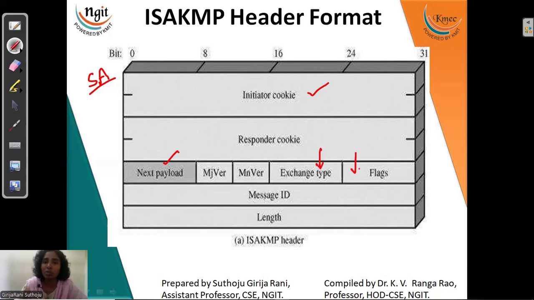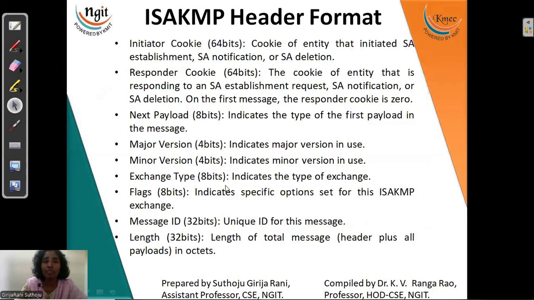Now the flag is to give information about whether there is any warning type of data. It will be just 8 bits, giving all the options, meaning how we can exchange, whether it is a warning type, or whether the exchange is done or not.